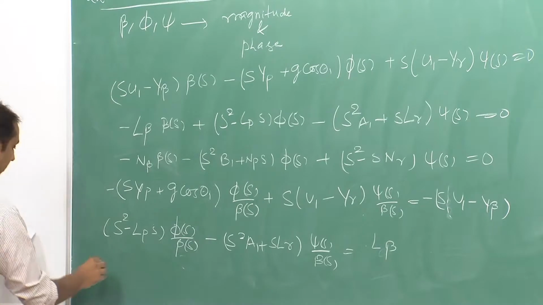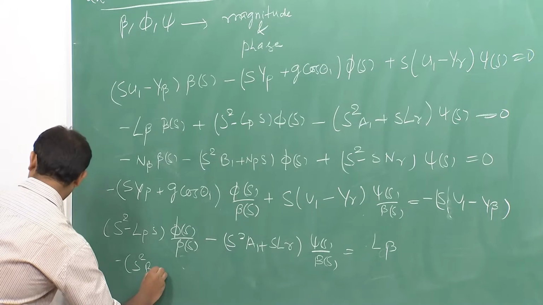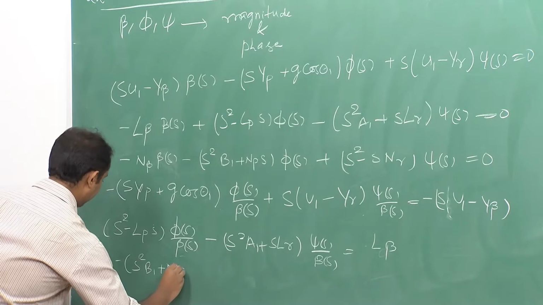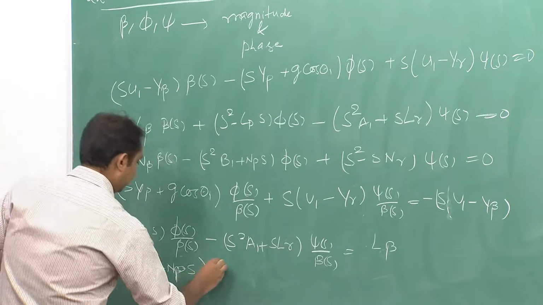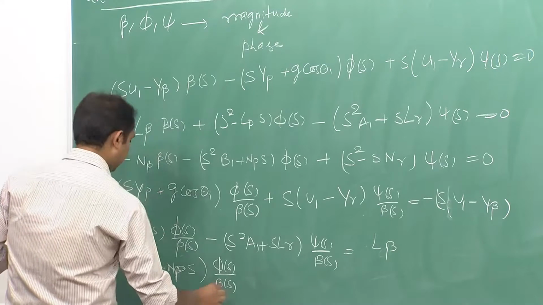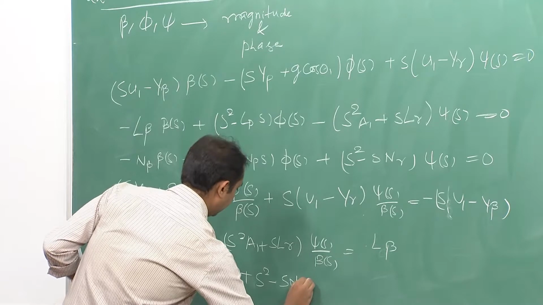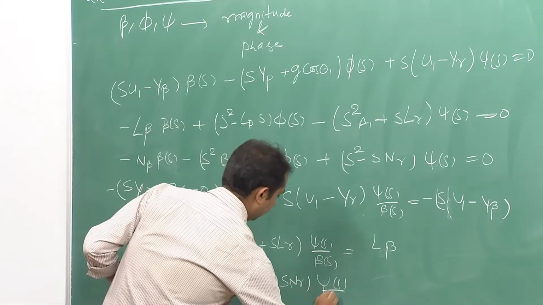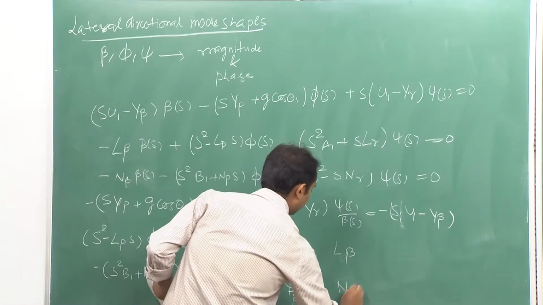And third, minus (s square B1 plus N p s) into phi of s upon beta of s, plus (s square minus s N r) into psi of s upon beta of s equals N beta.